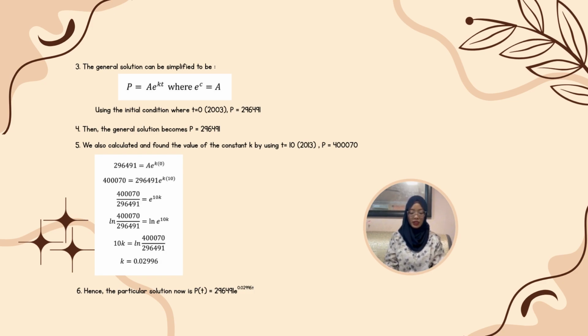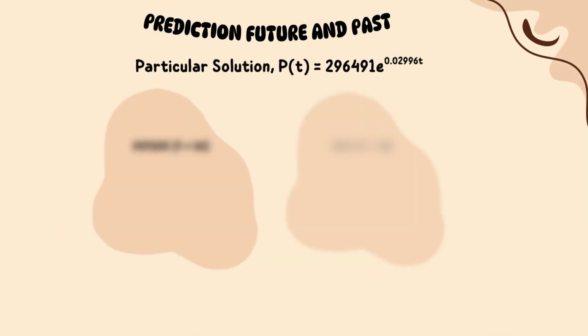We substituted t equals 10 into the equation in step 3 just now, and we got k equals 0.02996. Hence, our particular solution now becomes P(t) equals 296,491 times e to the power of 0.02996t.